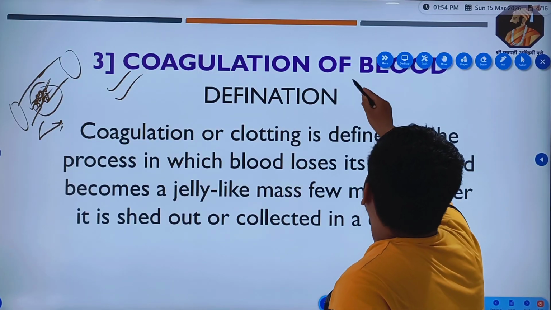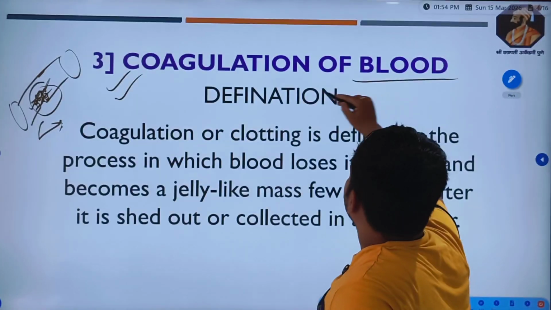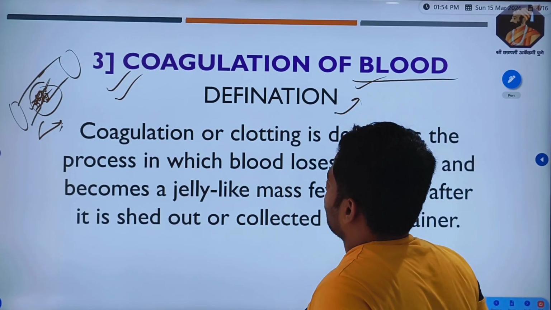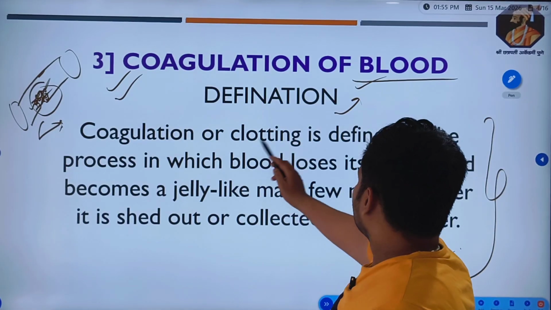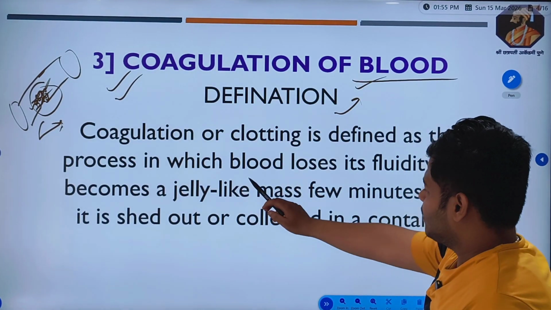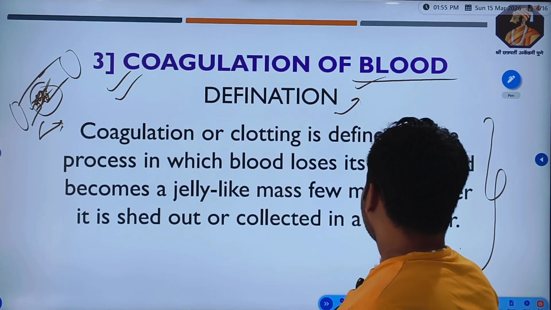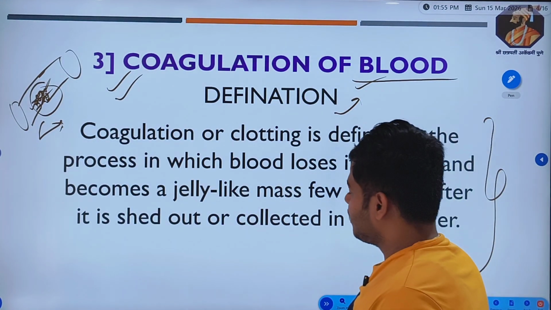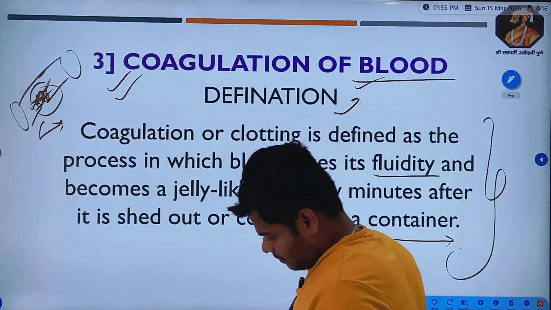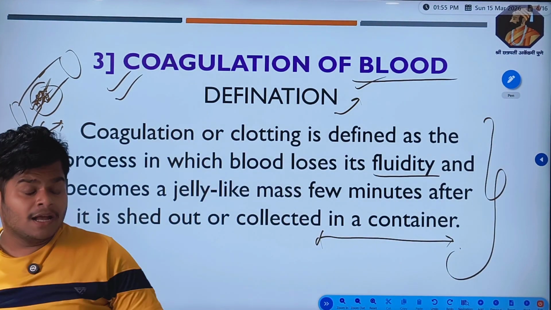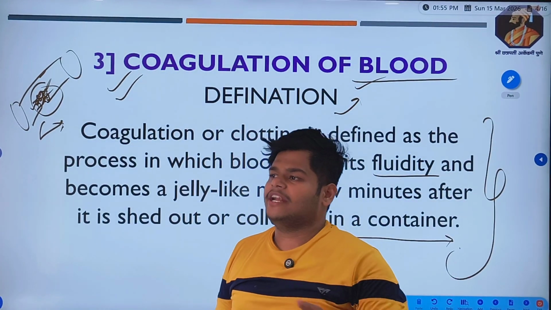Now let us see coagulation of blood. What is the definition? Very important definition. Coagulation or clotting is defined as the process in which blood loses its fluidity and becomes a jelly-like mass a few minutes after it is shed out or collected in a container. Okay, when we take blood in a laboratory, it makes a clot.